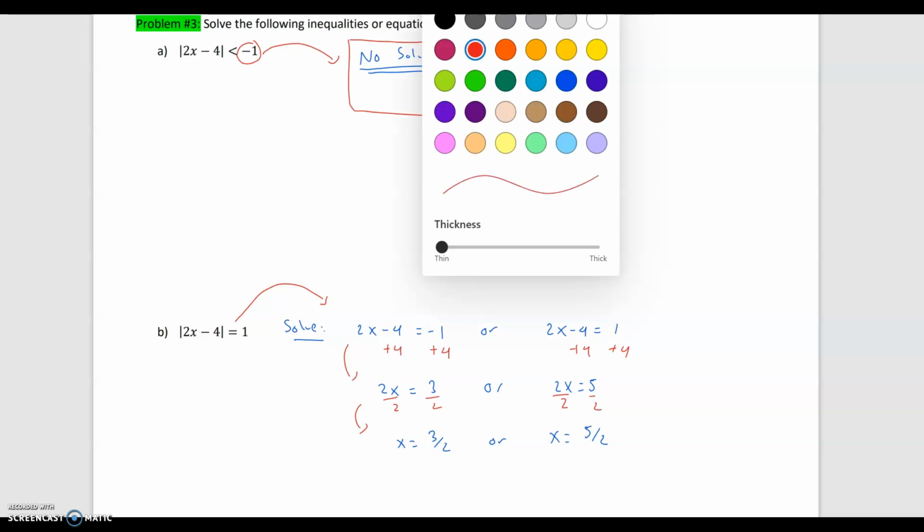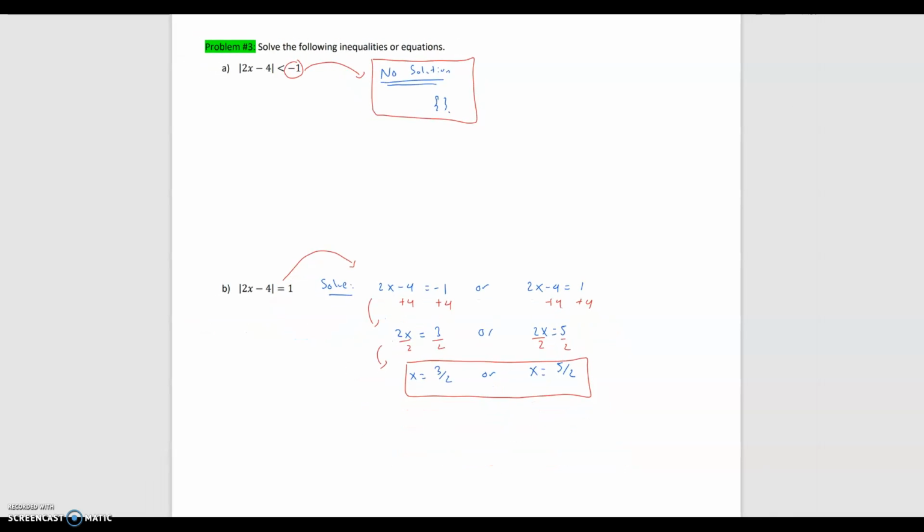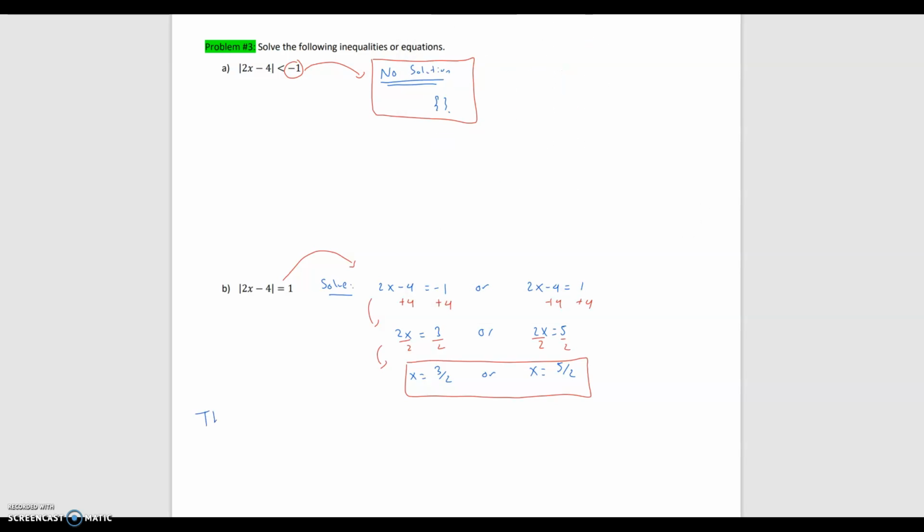Also, keep in mind that this is in fact an equation, so you would just have the points. The problem is just saying to solve. So let me just rewrite it as the solution. x is equal to 3 halves, or x is equal to 5 halves.